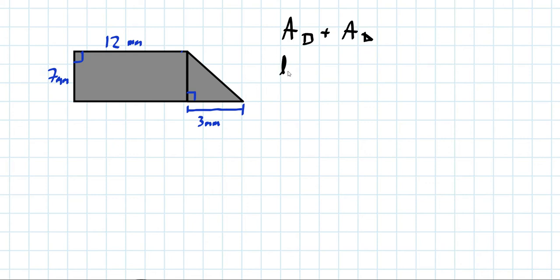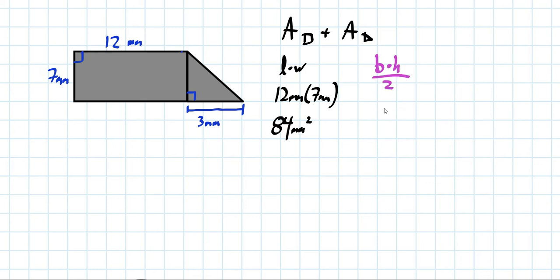For the rectangle, the formula is length times width. In this case, 12 millimeters times 7 millimeters. 12 times 7 is 84. And millimeters times millimeters is square millimeters. For the triangle, this one right here, our formula is base times height over 2.